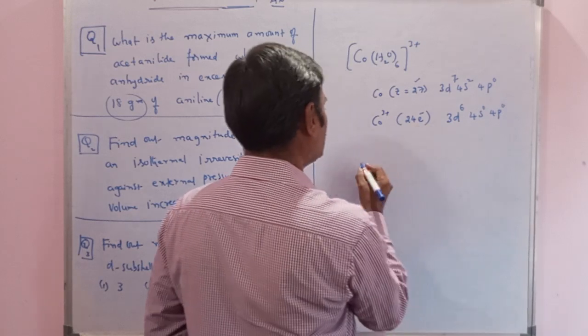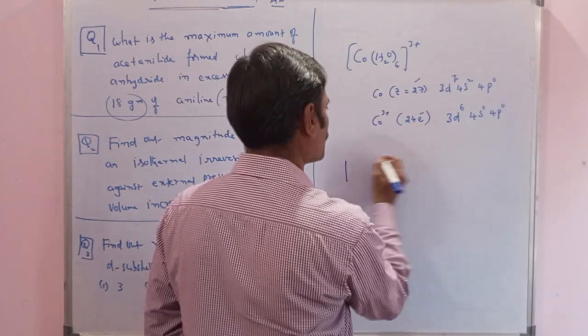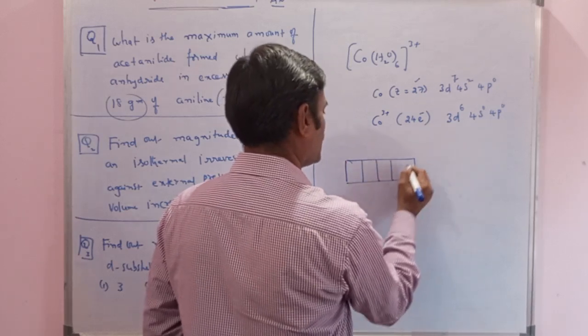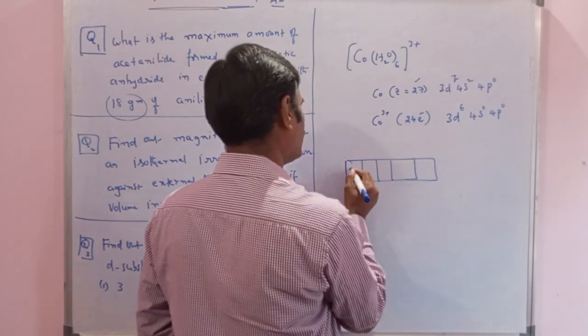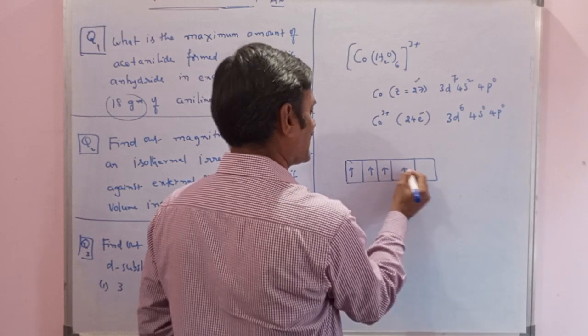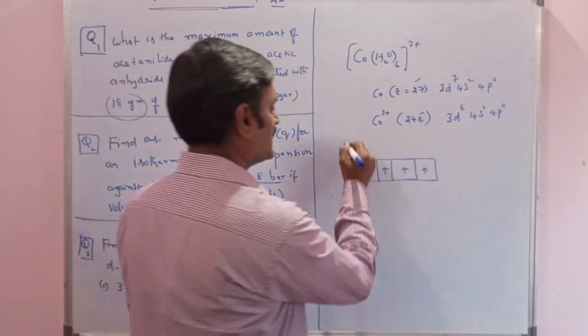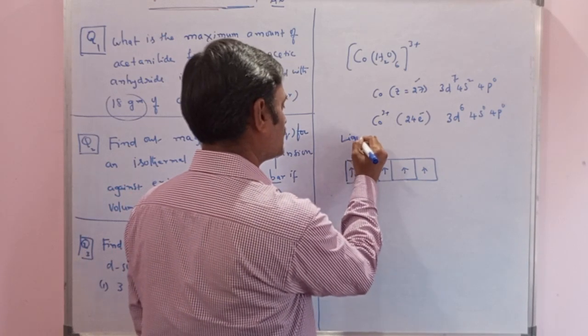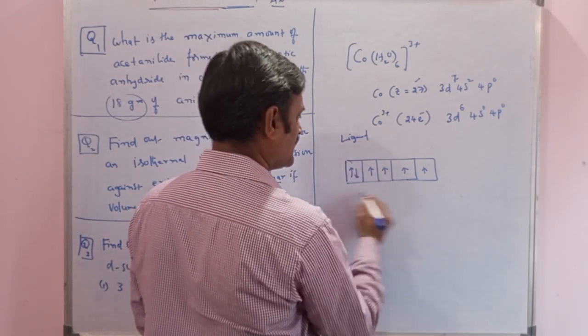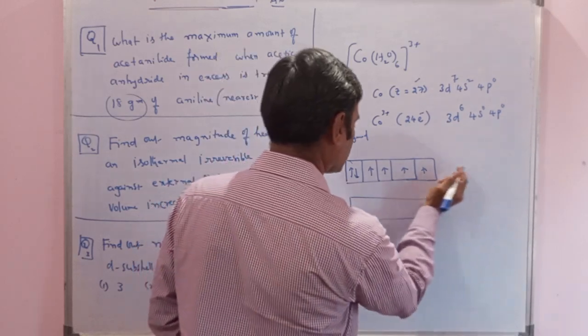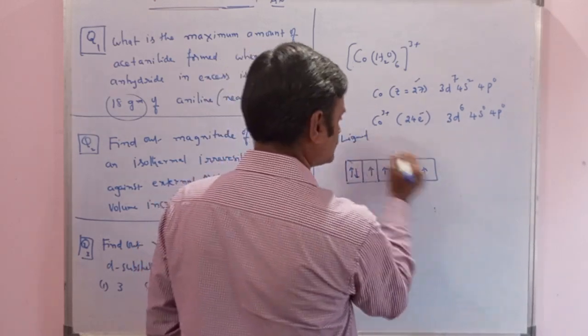And in this one, we have the d6 configuration, which will be written like this, 6 electrons. Whereas in the presence of the ligand, these electrons will get rearranged.